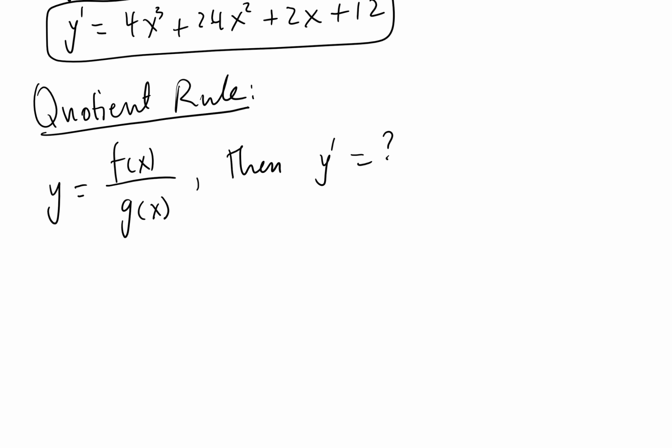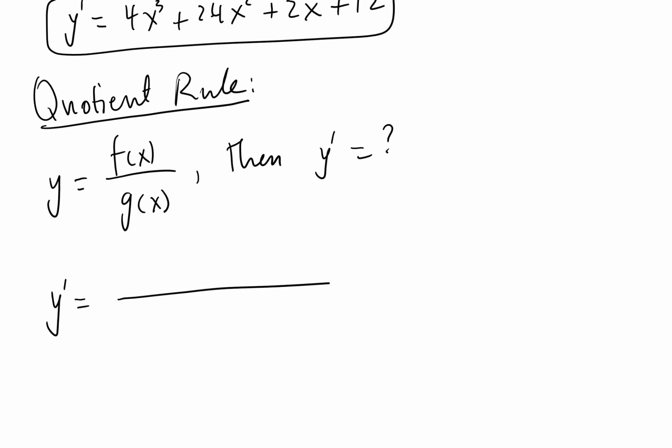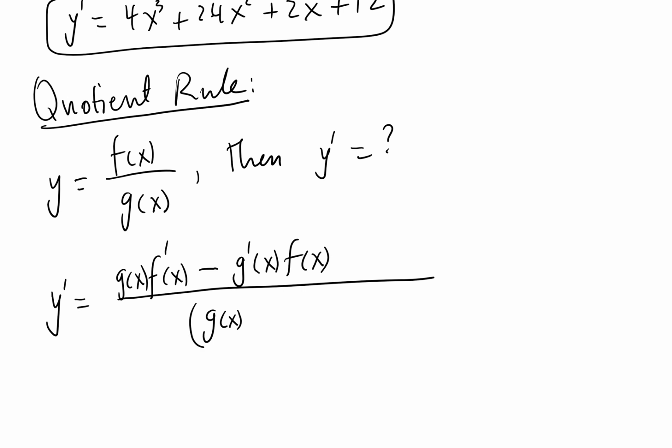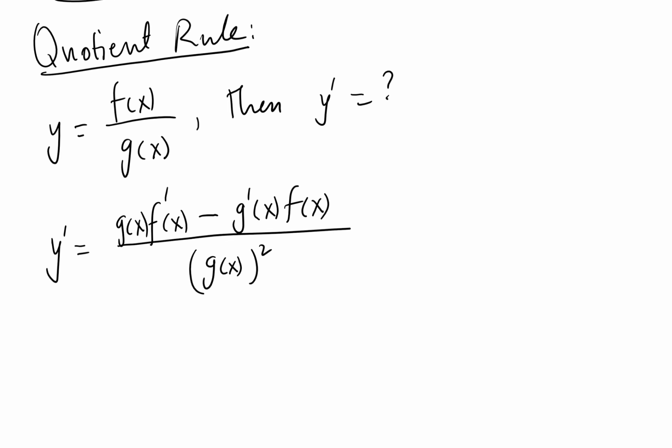The quotient rule says y prime is g of x times f prime of x minus g prime of x times f of x, over the denominator squared. That's the quotient rule. You take the denominator times the derivative of the top minus the derivative of the bottom times the top.